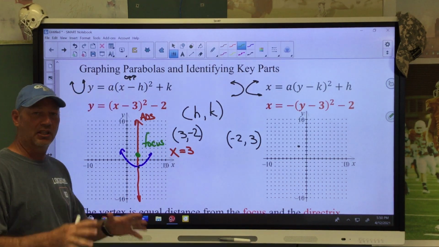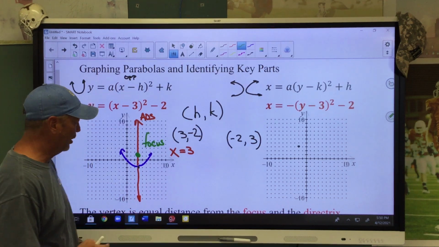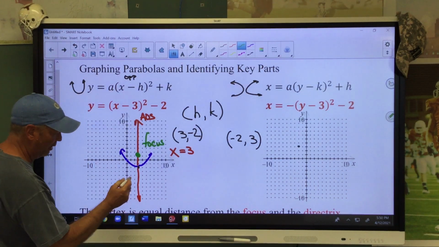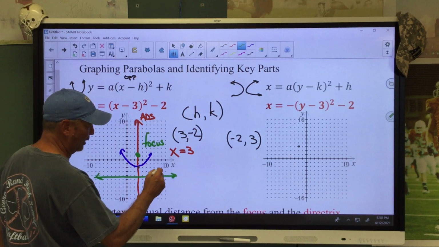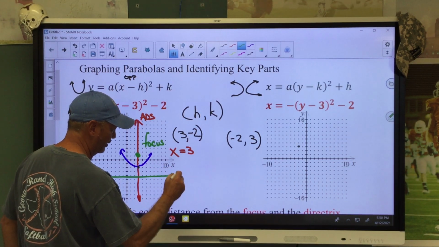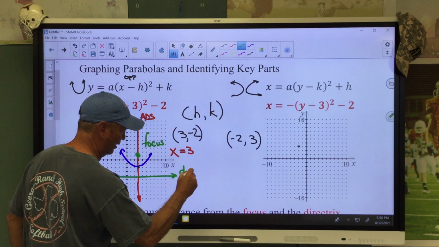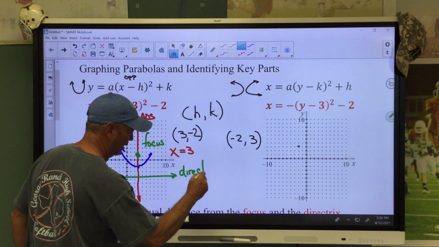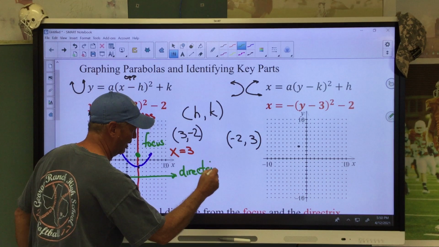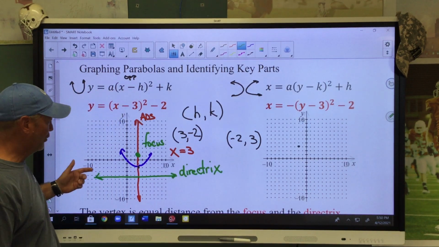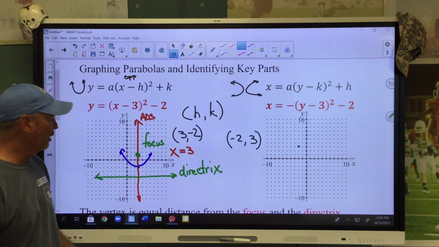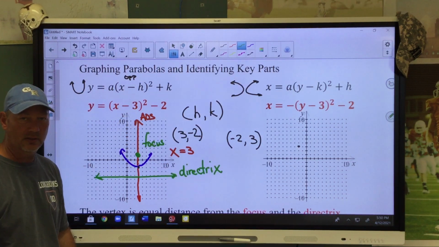And you're going to have a line that is outside the parabola that is perpendicular to the axis of symmetry. You're going to have a line that's called a directrix. Okay? And my directrix is perpendicular to the axis of symmetry, okay?